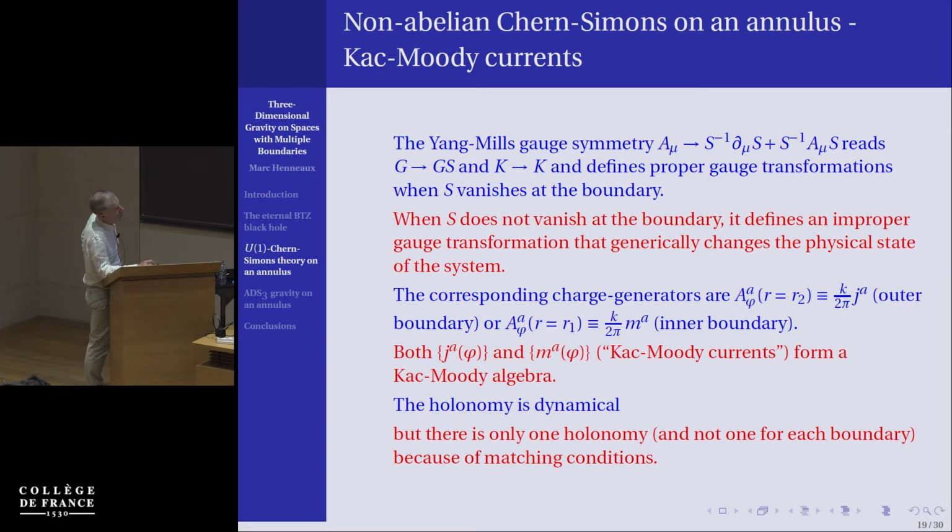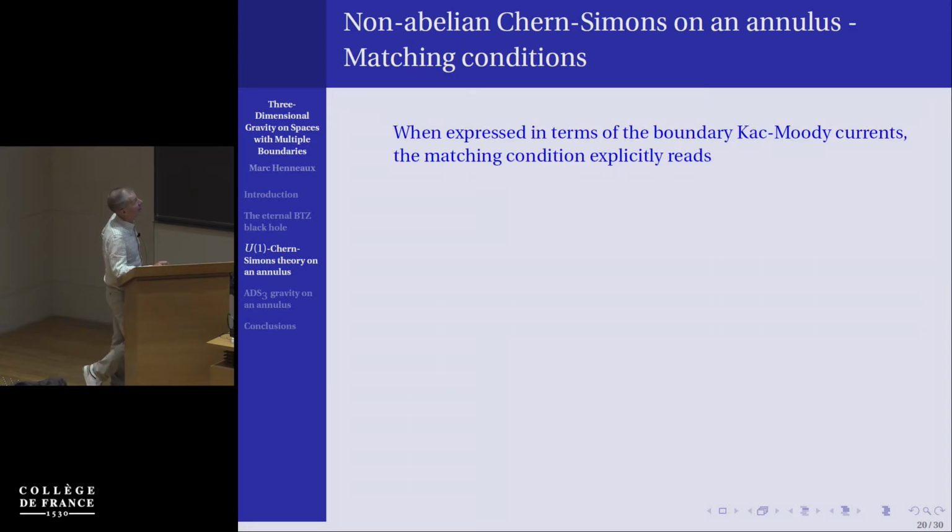But again, there is one holonomy because there are matching conditions. Now, the matching conditions take a more complicated form because the group is non-abelian and the path-ordered exponential is a path-ordered exponential, so one has to be careful with that. But these matching conditions can be written.